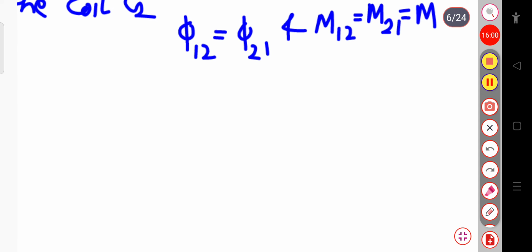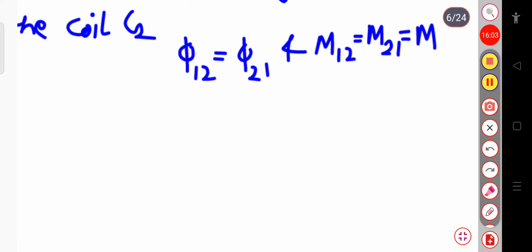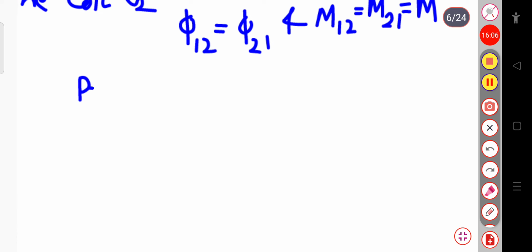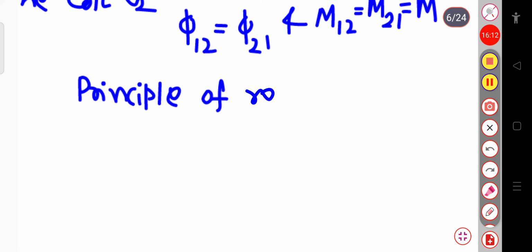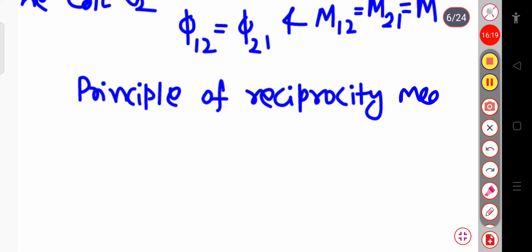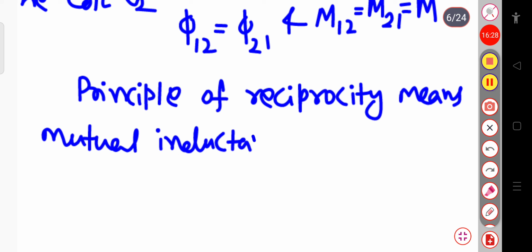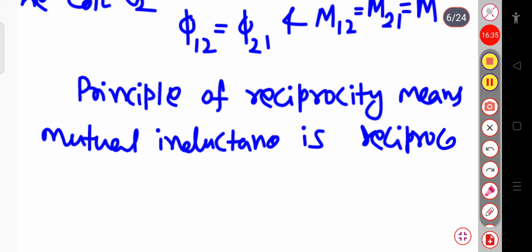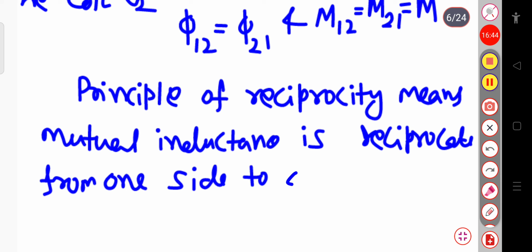So by the principle of reciprocity, the principle of reciprocity means mutual inductance is reciprocated from one side to the other in equal manner.